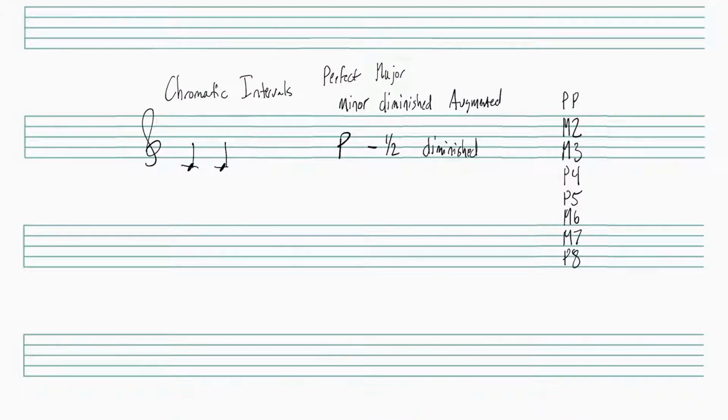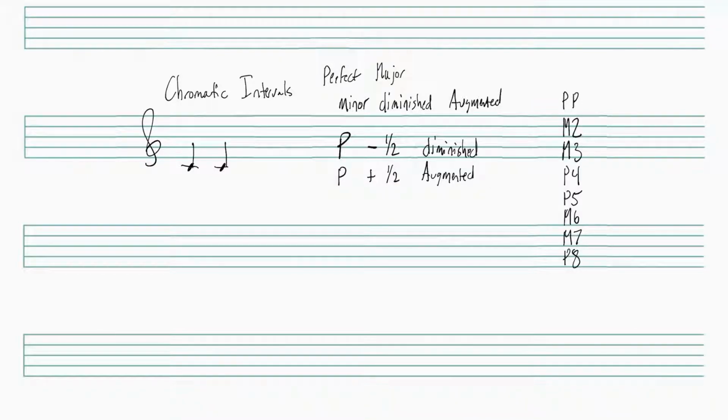If we were to take that perfect interval and raise it by a half step, it's going to become augmented. I'll show you some examples here, and again later in the video I'll play you the examples so you can hear how they sound.